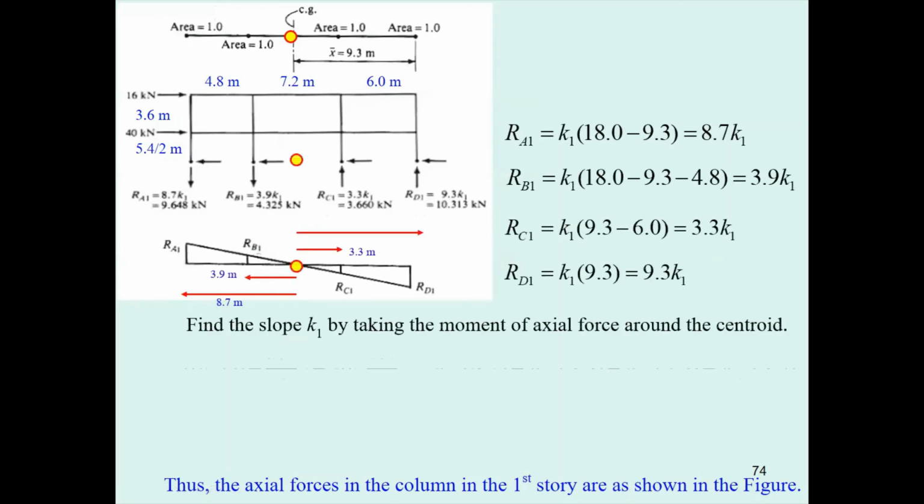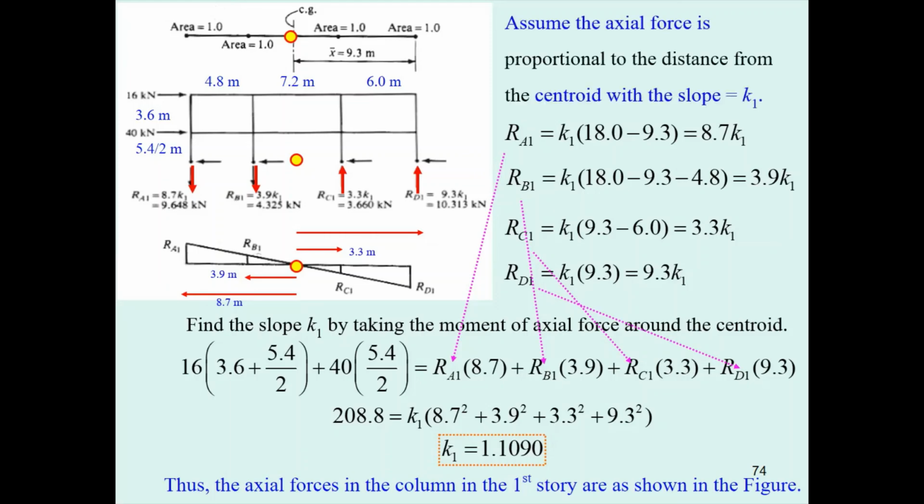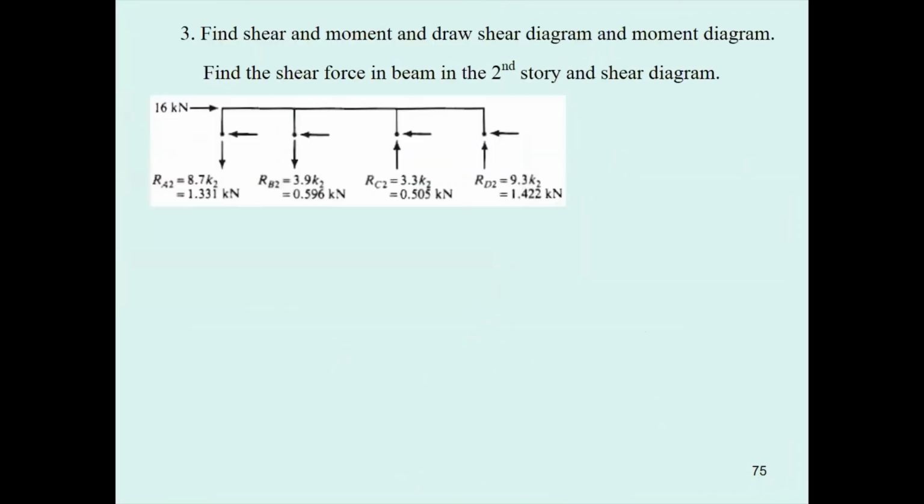You find K1, and when you get K1, you get the axial force in the column. You can see by doing this, the calculation requires a lot, right? Since it is not used much for two or three story buildings that a young engineer can work, this one we didn't focus on much.